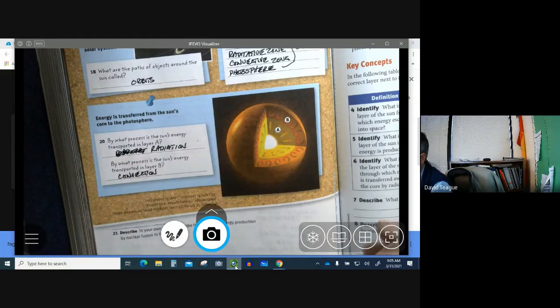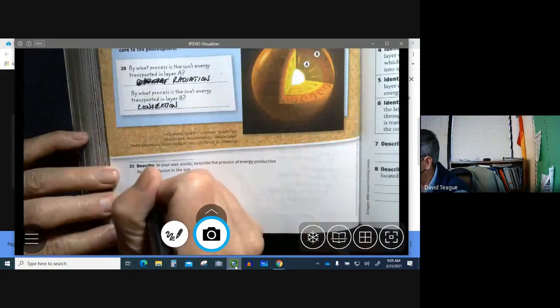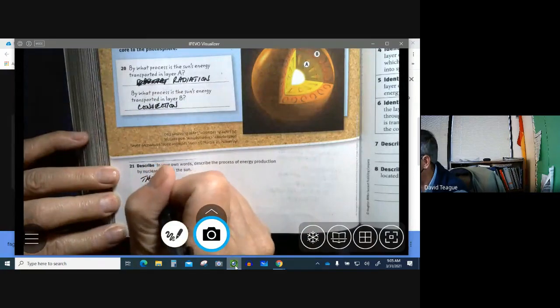Okay. 21. Describe in your words the process of energy production by nuclear fusion in the sun. We're just going to say this is a 3-step process.